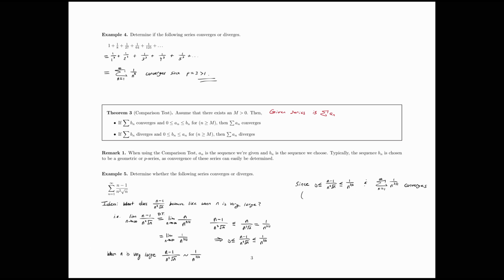It converges since it is a p-series with p equal to 3 halves, which is strictly bigger than 1. So since that inequality holds and that series converges, so must the given series from n equals 1 to infinity of (n minus 1) over n squared square root of n, by comparison. So that little bit right there is really the necessary part.